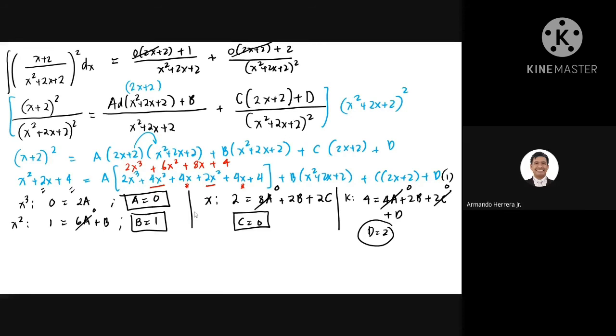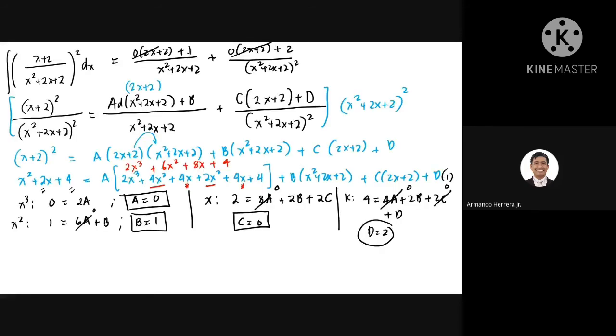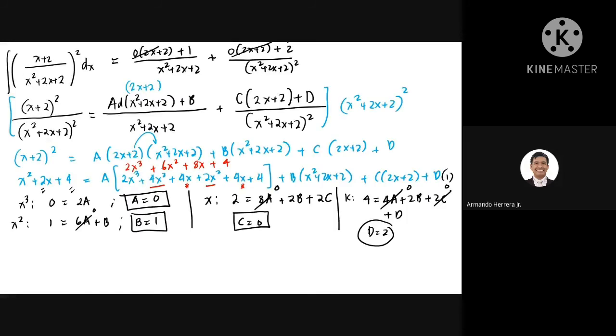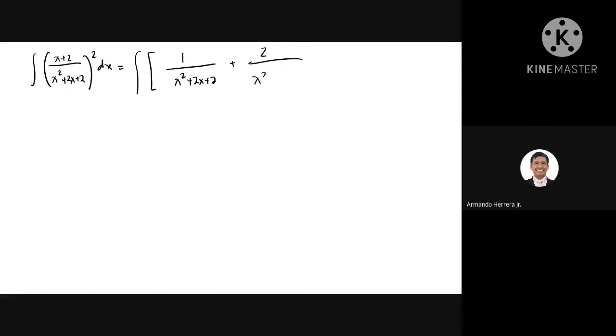Rewriting, the given integrand becomes: the integral of (x plus 2) over (x squared plus 2x plus 2) raised to the second power dx is now equal to the integral of 1 over x squared plus 2x plus 2, plus, since a is 0 and c is 0, 2 over (x squared plus 2x plus 2) raised to the second power, of course dx.